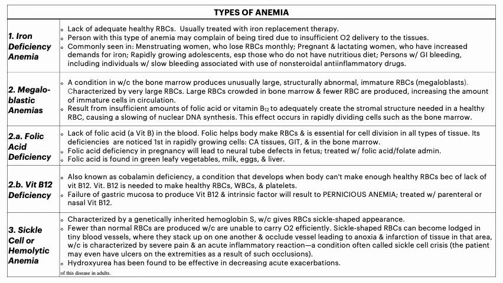Sickle-shaped RBCs can become lodged in tiny blood vessels where they stack up on one another and occlude the vessel, leading to anoxia and infarction of tissue in that area, which is characterized by severe pain and an acute inflammatory reaction, a condition often called sickle cell crisis, wherein the patient may even have ulcers on the extremities as a result of such occlusion.